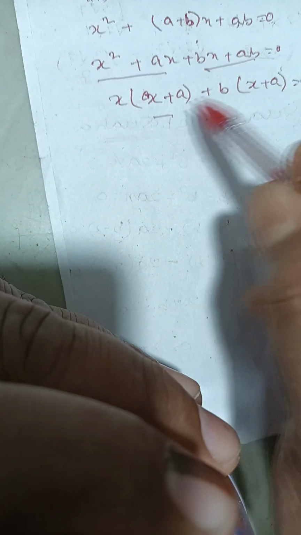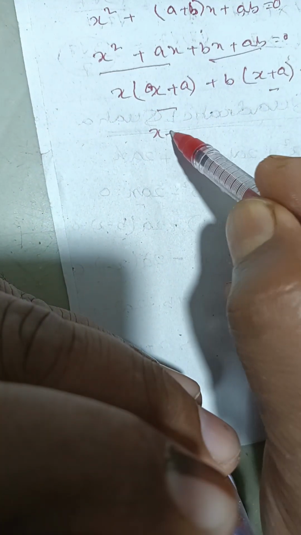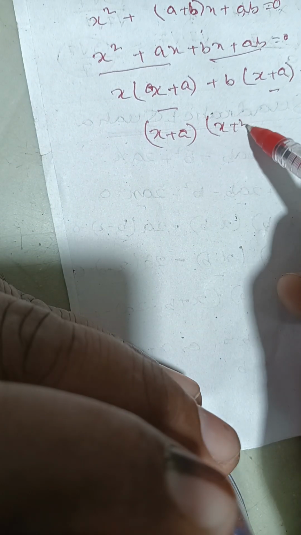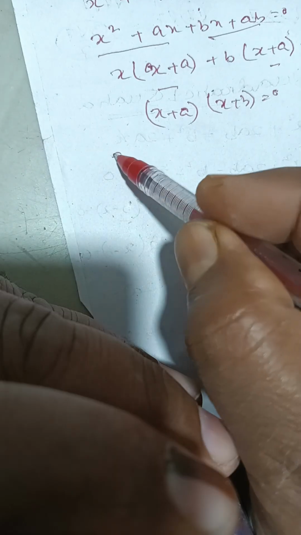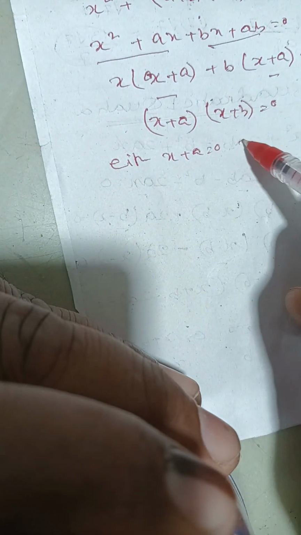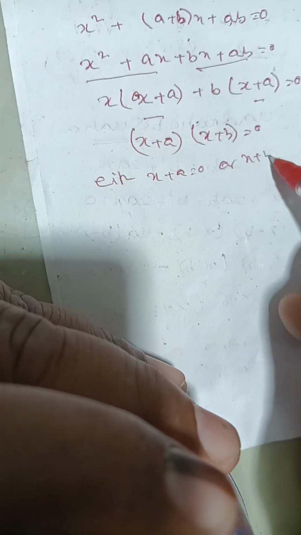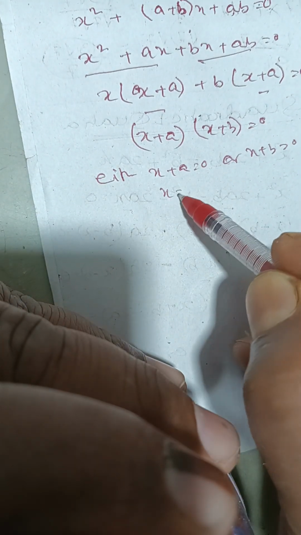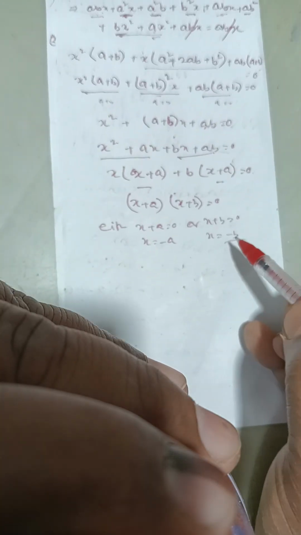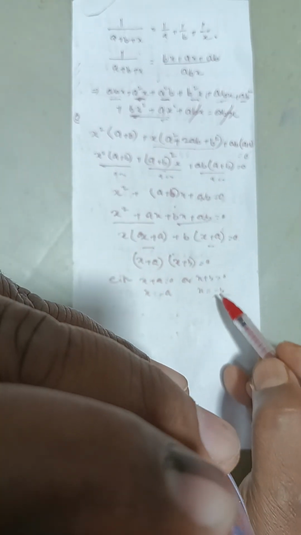Now you see x plus a came in both the terms. So you take x plus a common. When x plus a is common, what remains? X plus b equal to 0. Now you write either x plus a equal to 0 or x plus b equal to 0. So from here we can write x equal to minus a, and here you can write x equal to minus b. So this is the solution of this question.